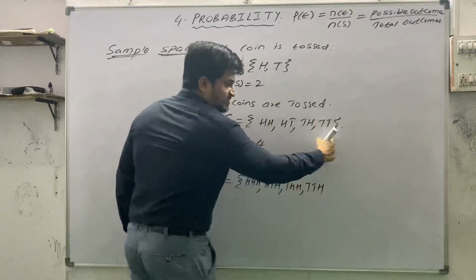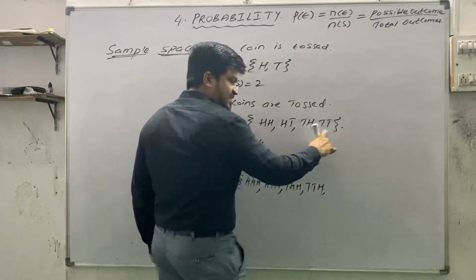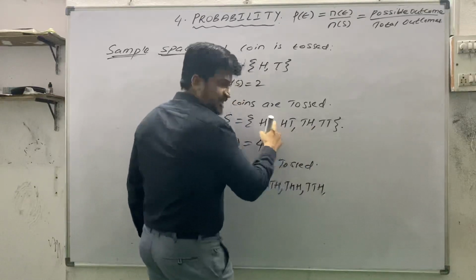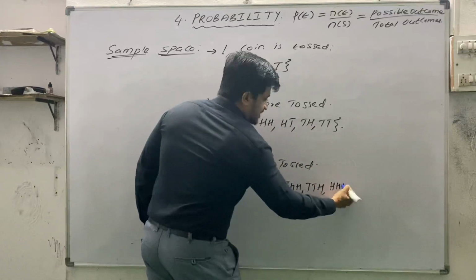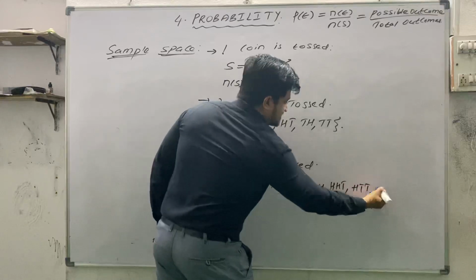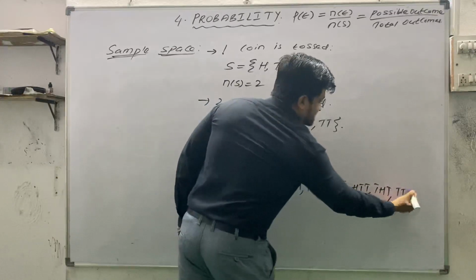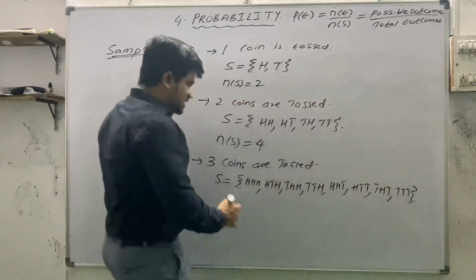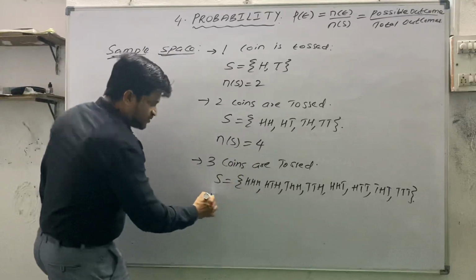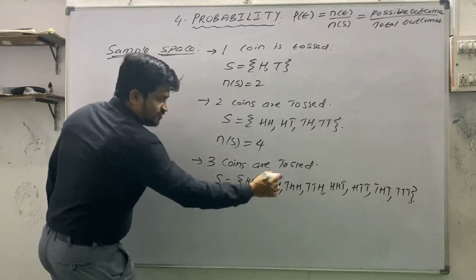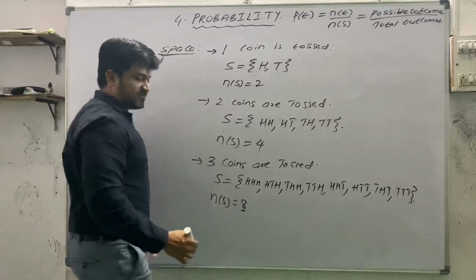I have added H to all the values. Now take the same thing, add tails at the end: HHT, then HT is there, again tails, TH is there, again tails, TT is there, again tails. So these are the cases of 3 coins. Total number of cases is 8.